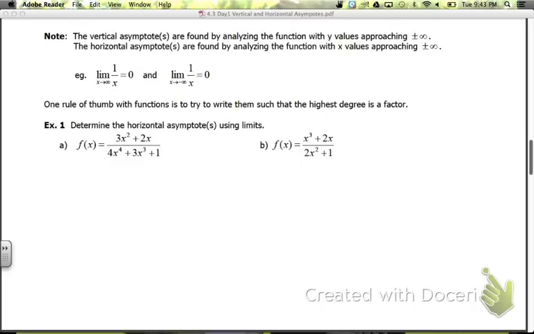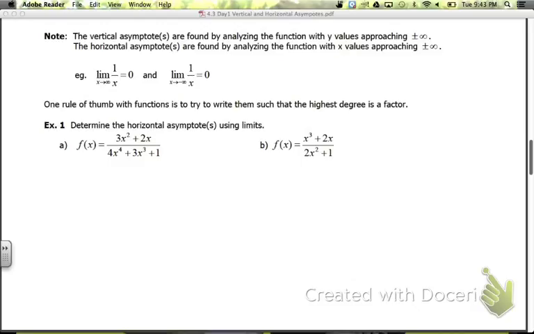So we are just giving little examples there: the limit as x approaches positive infinity of 1 over x equals 0, and the limit as x approaches negative infinity of 1 over x is also equal to 0. So one rule of thumb with functions is to try to write them such that the highest degree is a factor. So in our next example, we want to determine the horizontal asymptotes using limits.